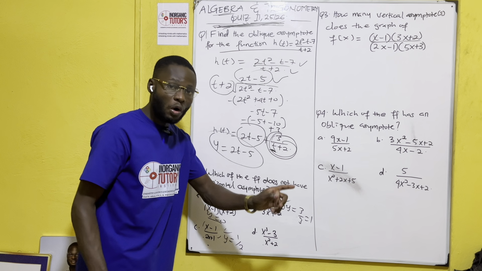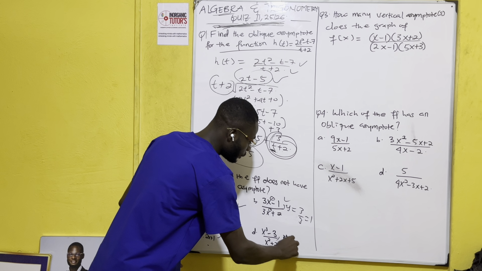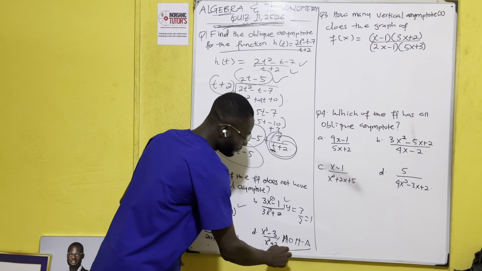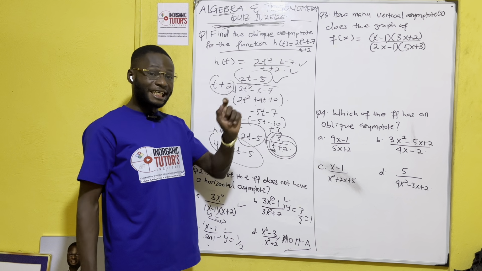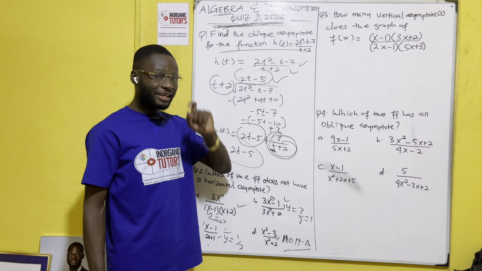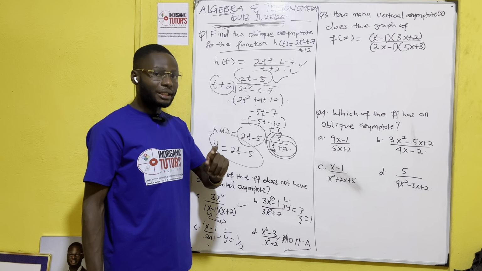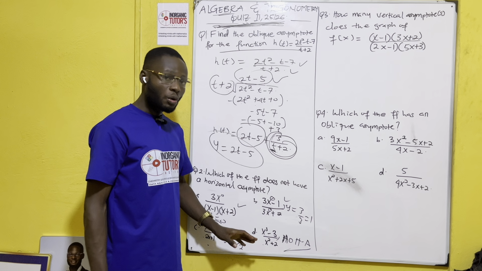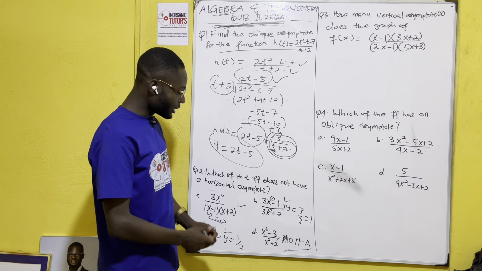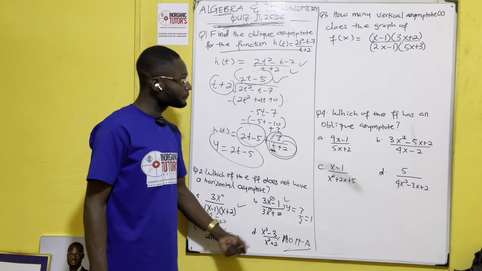So there is no horizontal asymptote for option D. The degree of the numerator is greater than the degree of the denominator, so there is no horizontal asymptote. So the right option is D.